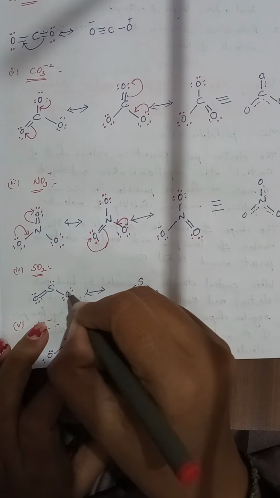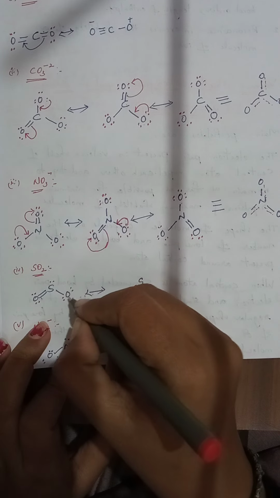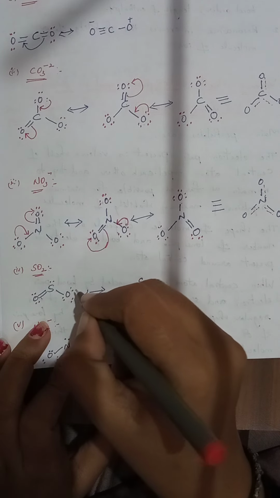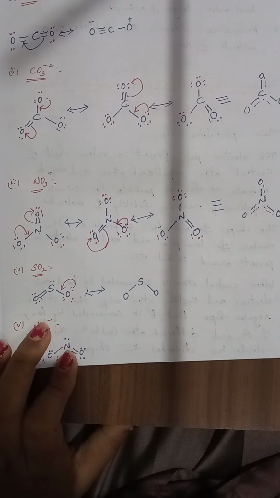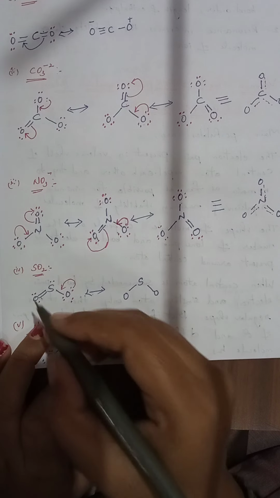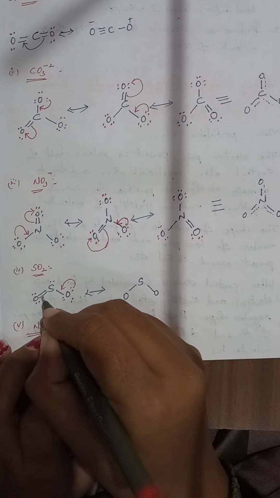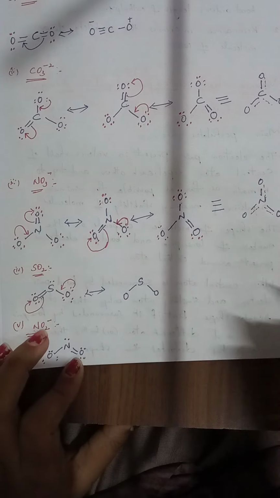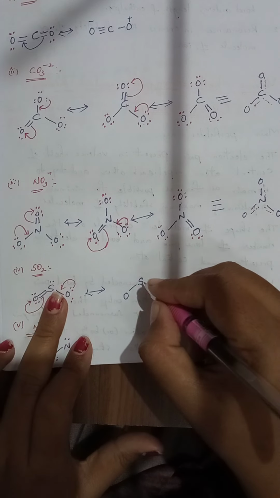Between sulfur and the second oxygen only a single bond exists, but this oxygen has 3 pairs of electrons. When one pair of electrons moves here, a double bond is created between sulfur and oxygen. Immediately, between sulfur and the first oxygen, this pi bond moves to the oxygen atom. Then here you can see a double bond is created between sulfur and oxygen.